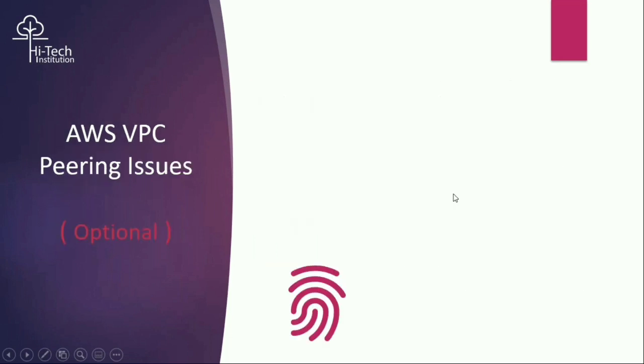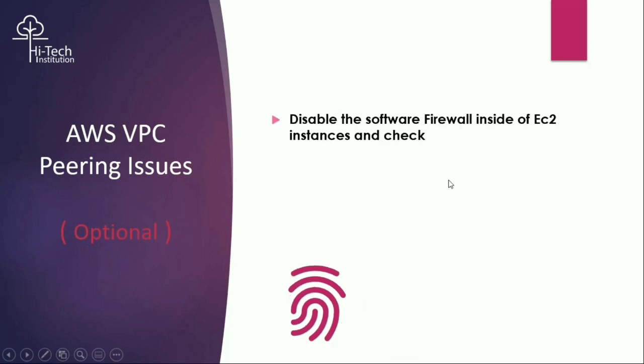Apart from this, even your VPC connection should be working properly. Even after giving the CIDR value in the route table, if it is still not working, there is an optional step you can try. For us it worked, but still, if everything else is available perfectly in your case, you can try disabling the software firewall inside your EC2 instance. Sometimes you might have created a software firewall at the OS level inside your EC2 instance.